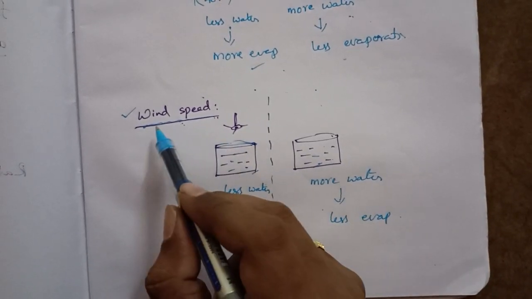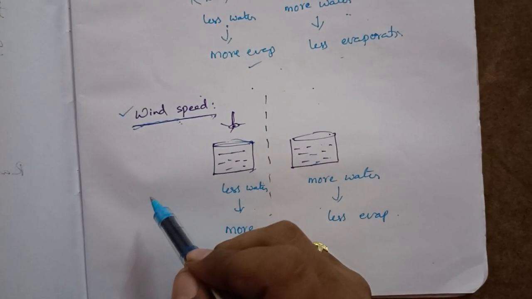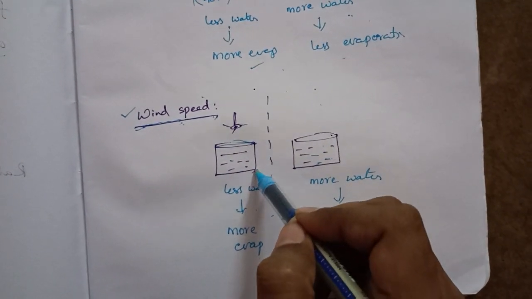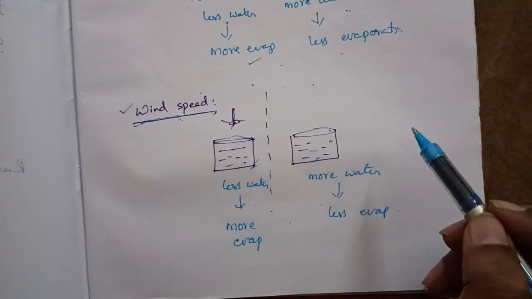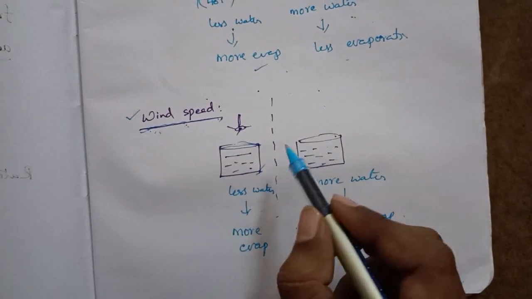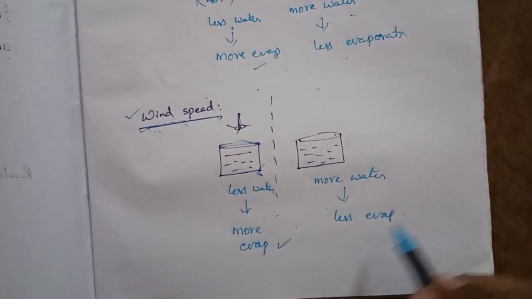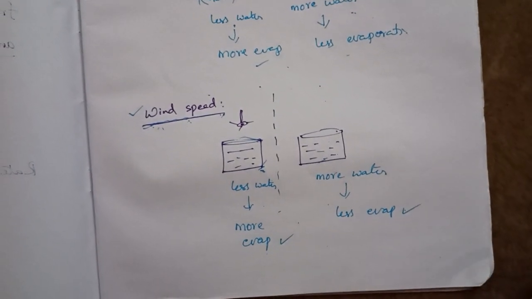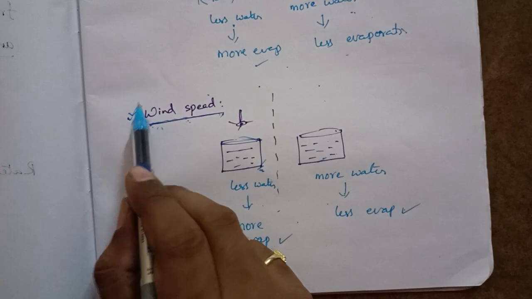So wind speed makes the clothes dry. The water present on the wet clothes will be evaporated because of the wind speed. So where there is more wind, there is more evaporation. Less wind, less evaporation. So the rate of evaporation depends on wind speed also.